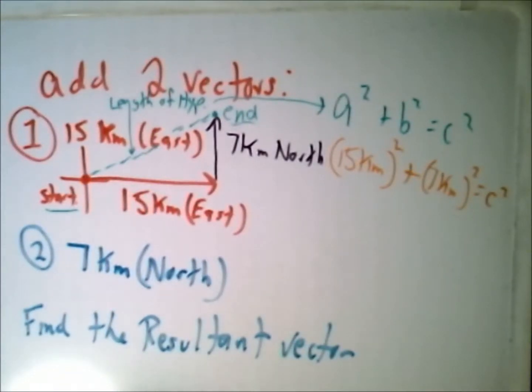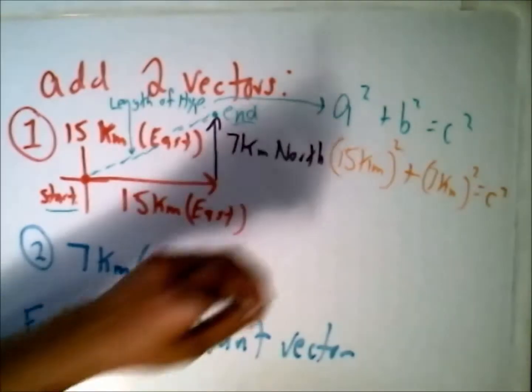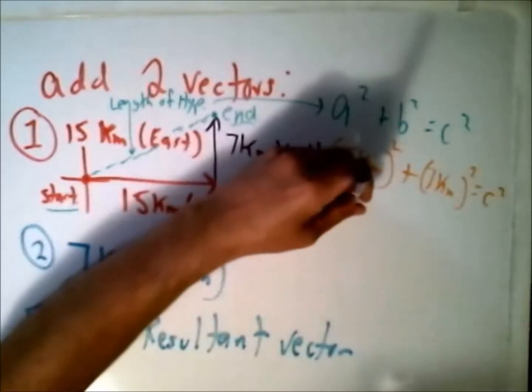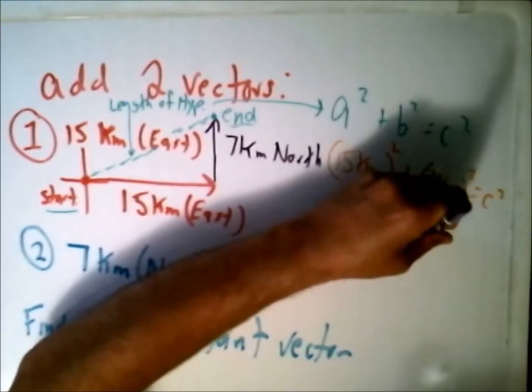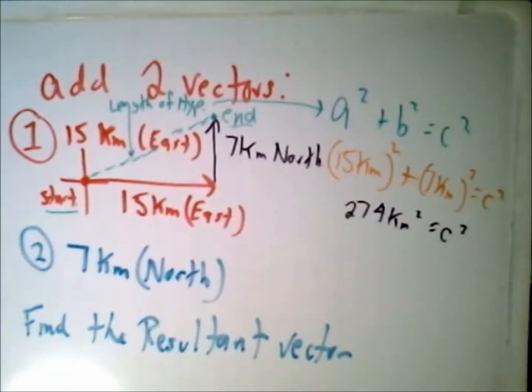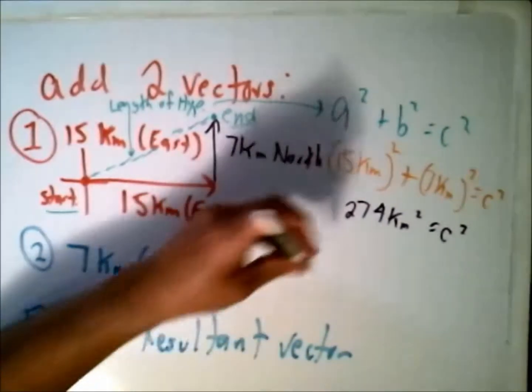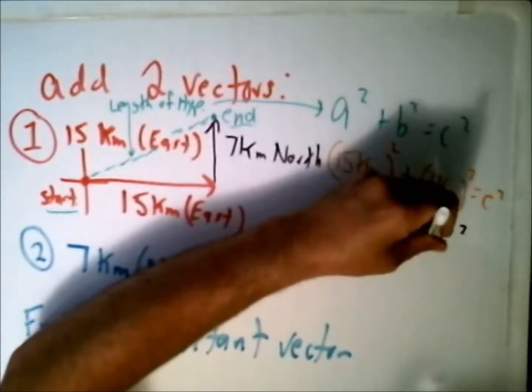I do that on my calculator, and what's coming out on my calculator is that c squared is equal to 274 kilometers squared. So I need to find c. What I need to do is take the square root of both sides.